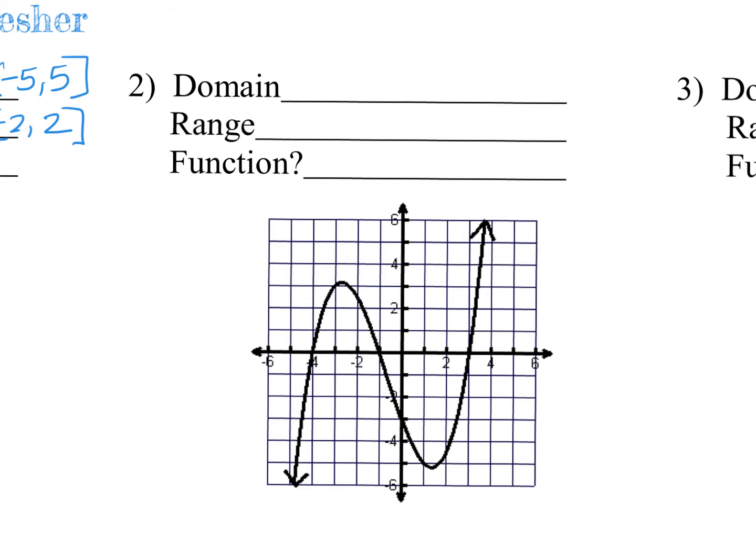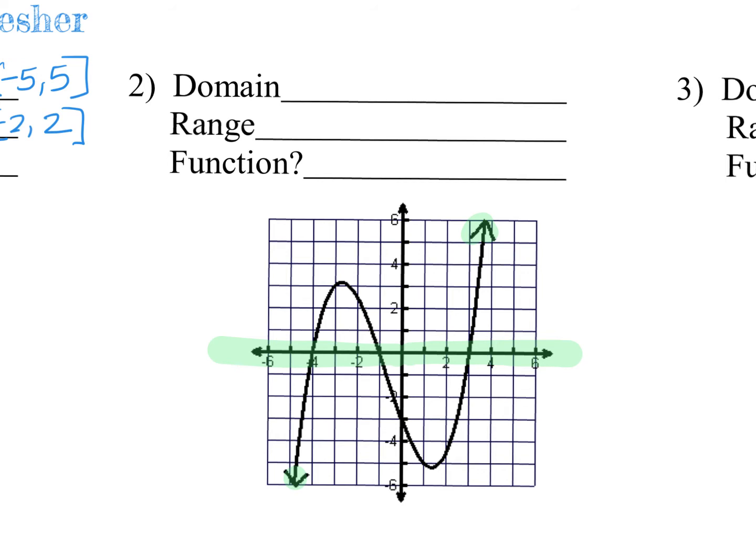Well, x values. If I collapse this thing down, this arrow right here tells me that it's going forever in this direction, and this arrow right here is telling me it's going forever in this direction. So that's all the numbers x could be.